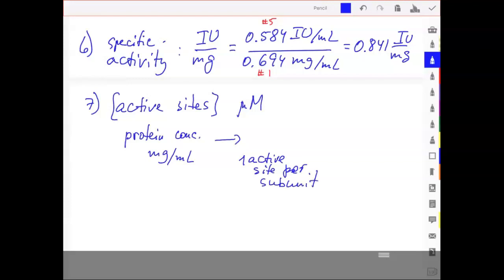And we also know that there is 2 subunits for each molecule of AP. Okay, so that part you have to search in the literature.